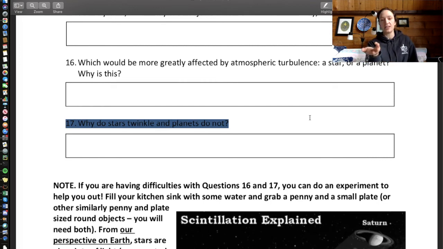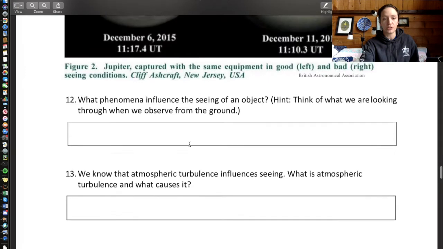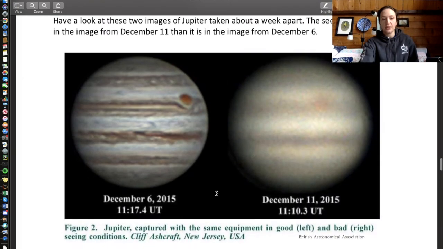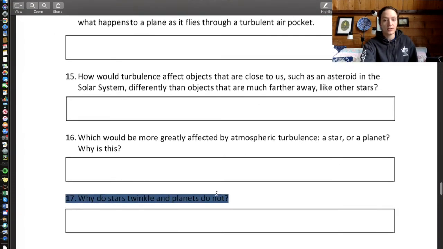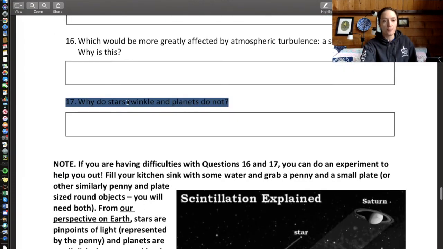Planets, like in the seeing image that I had pulled up earlier that's in this lab, the planet's not twinkling. It's just getting blurred. So why do stars twinkle, but planets only get blurred? And this is really the big takeaway question from this lab. This is what we're trying to get across.